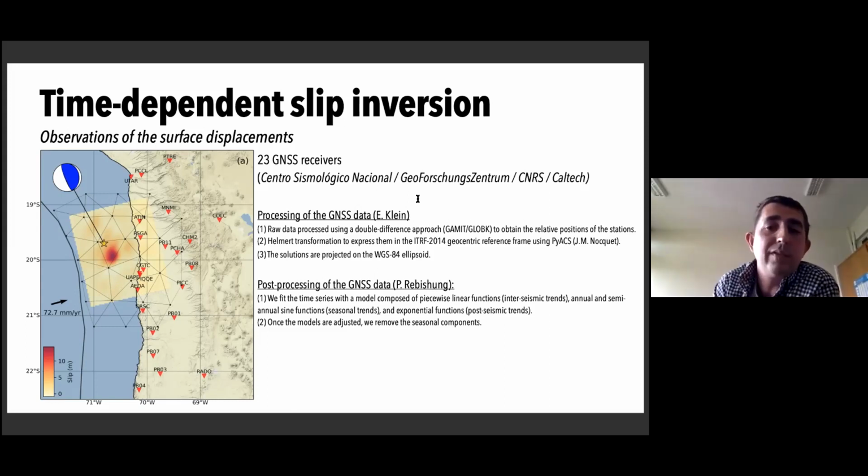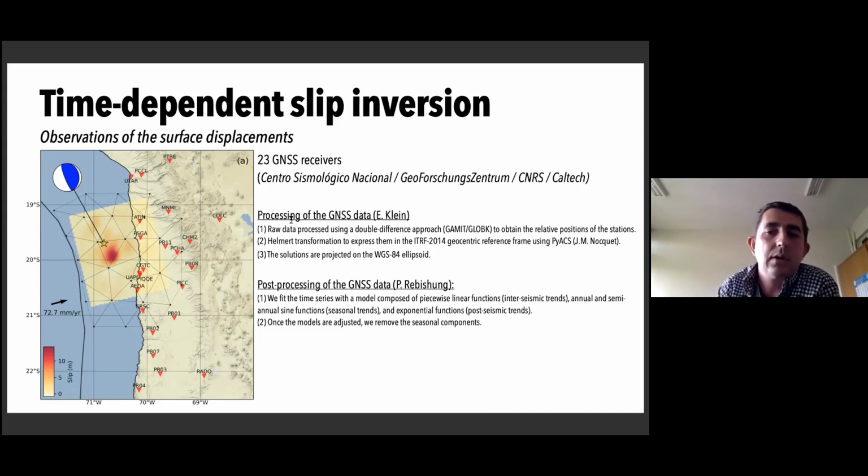The processing of the data was mostly carried out by Emily Klein at ENS. Without going too much into the detail, she's the expert on that, so she can probably answer your questions if you have some. The raw data were processed using a double difference approach, using the GAMIT-GLOBK software, which allows us to obtain the relative position of the stations between them.